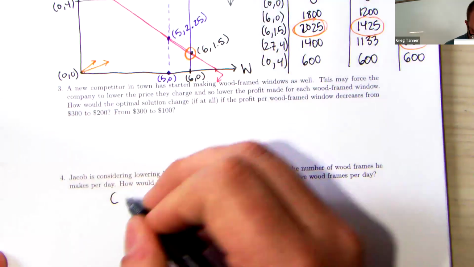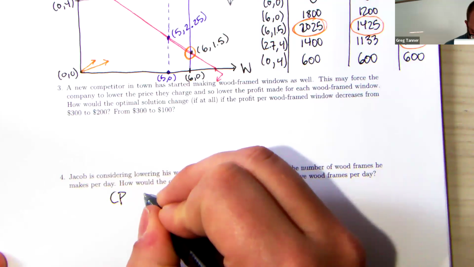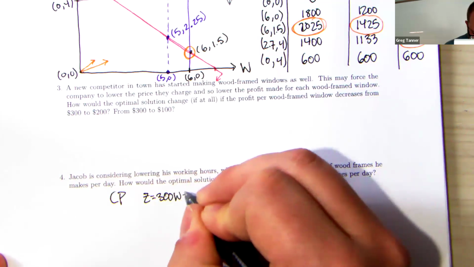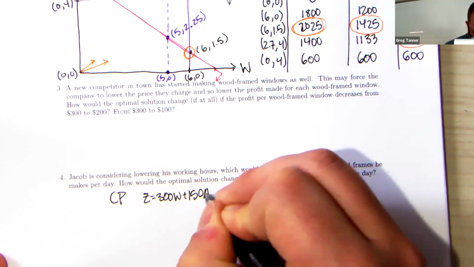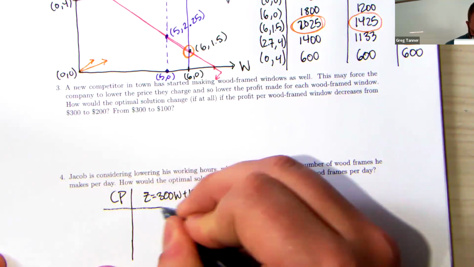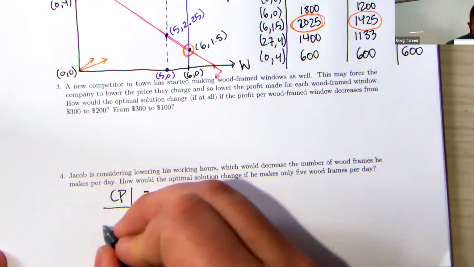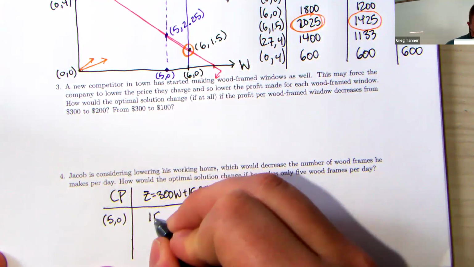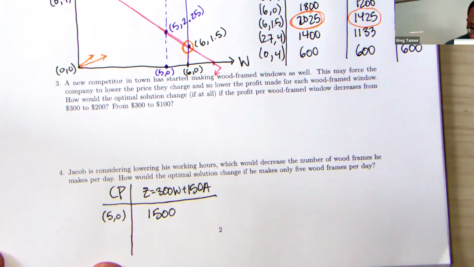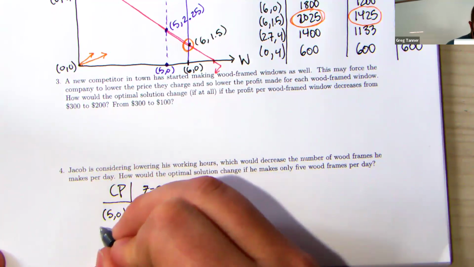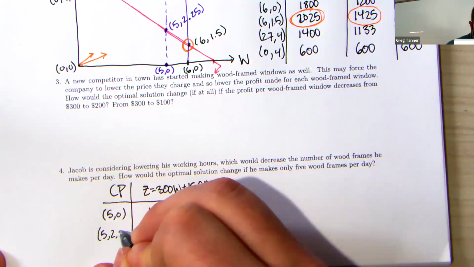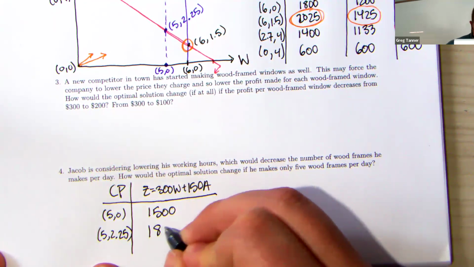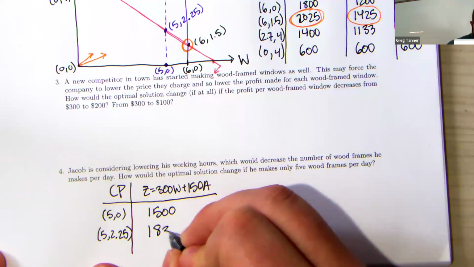My objective is Z equals 300 W plus 150 A, using that original objective. At 5, 0, we get an objective value of 1500. And at 5, 2.25, we get an objective value of 1837.5.